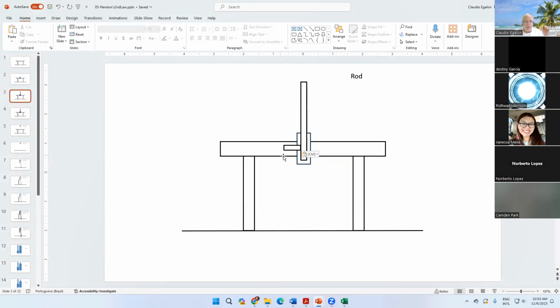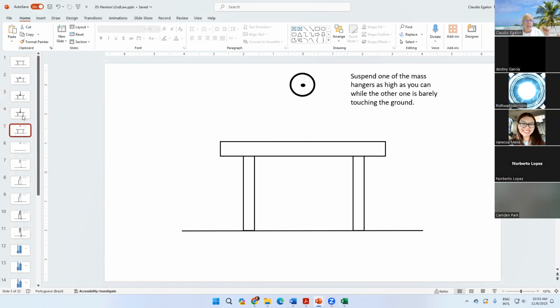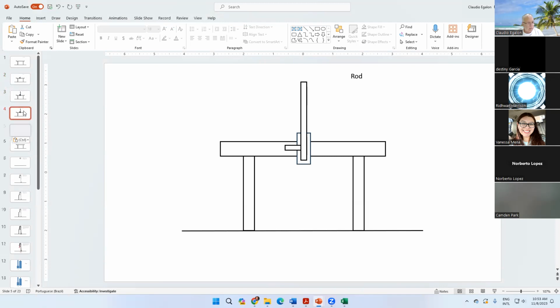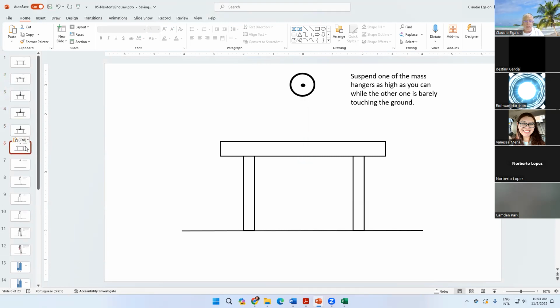What you have here is something to clamp the rod, and this rod is used to support a frictionless pulley.